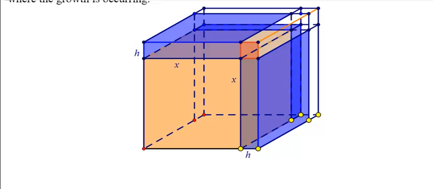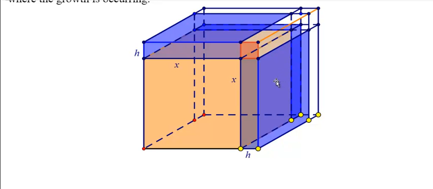Okay. And then we do have some little pieces here. There's a little piece right here, three little pieces here that are h by x, and this one in the end that's h cubed. And if you remember when we did a proof of this and we expanded x plus h out to the third power, what did we get? We got x cubed.